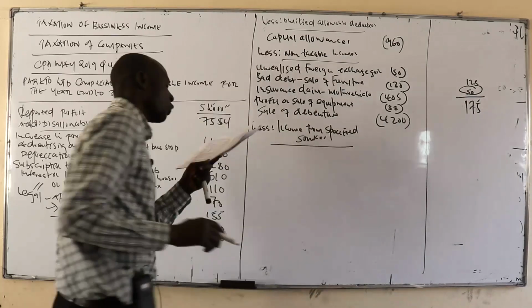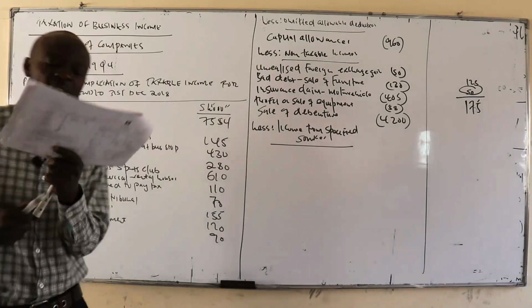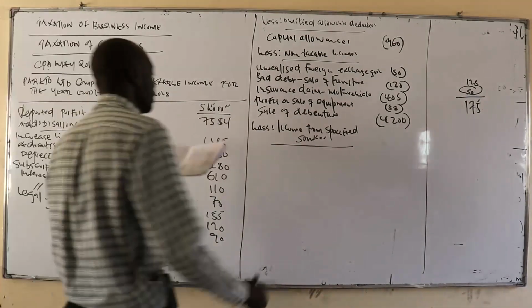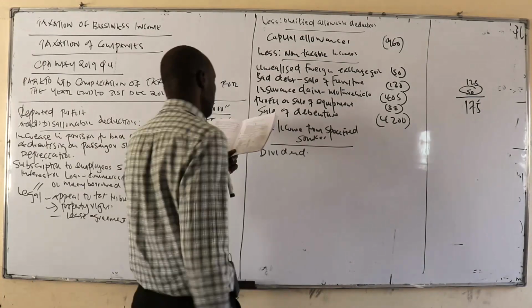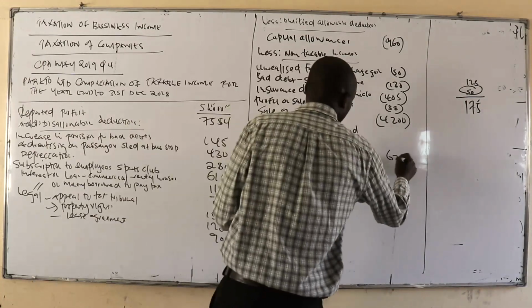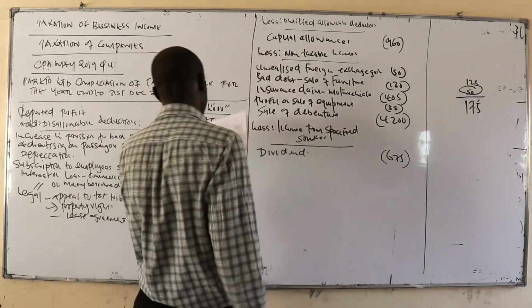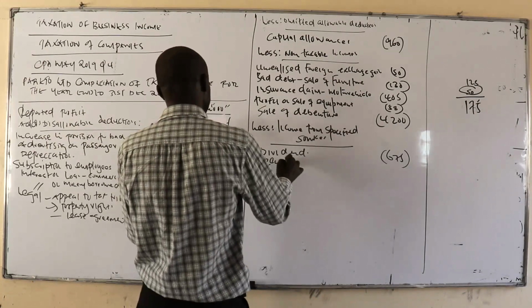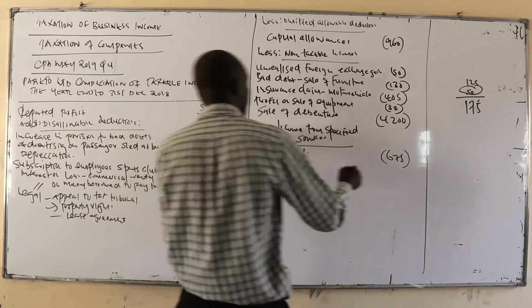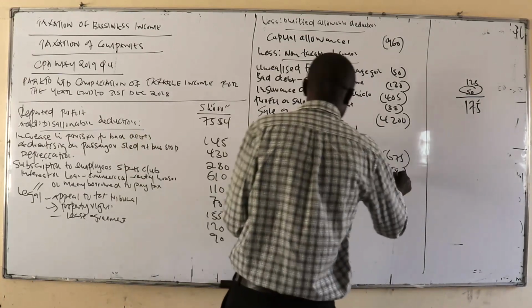Here you deduct what they added. So you deduct the dividend. Whatever they added is what you deduct. The dividend was how much? 675. So you deduct that one. And then we have rent. Rent, how much is it? 580. You deduct that one.